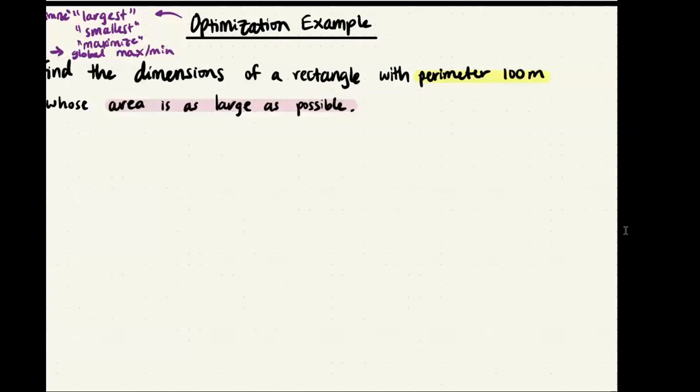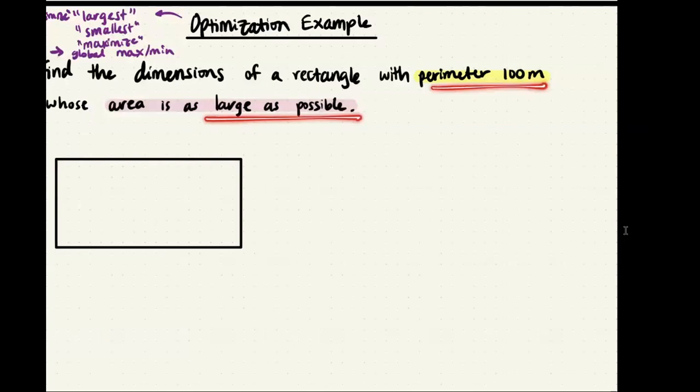The first thing we want to do is to sketch a picture. So here's my rectangle. I know something about its perimeter, and I want to determine something about its area. So I should give names to the sides of my rectangle so that I can write down equations for these quantities.